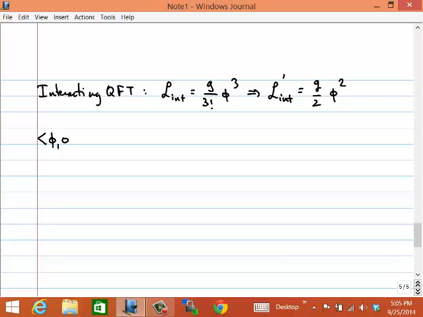So let's go ahead and redo this calculation of the 2-point function in the interacting theory. I want to use this same trick. I introduce a delta function that sets x equal to x1, and consider the 2-point function between x and x2.